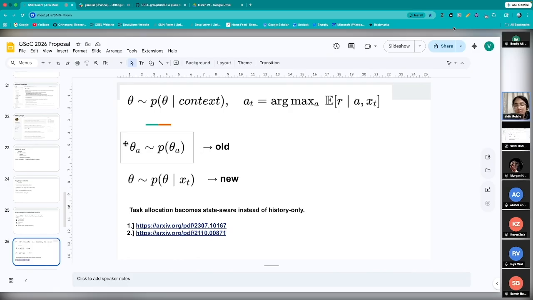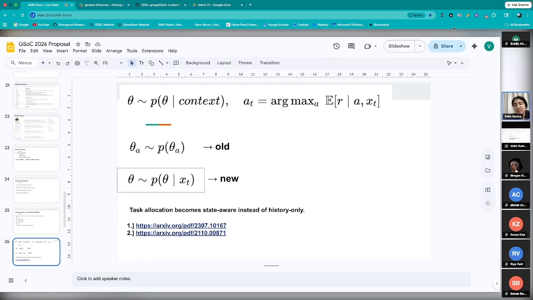This is the older one that I had used in 2025, where theta depends only on the history. For contextual bandits, we will have theta as well as x_t, and x_t is nothing but some context which is given to the model. So it is not only on the basis of history, but also some context.